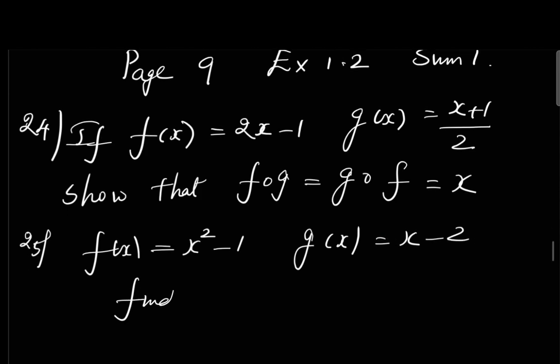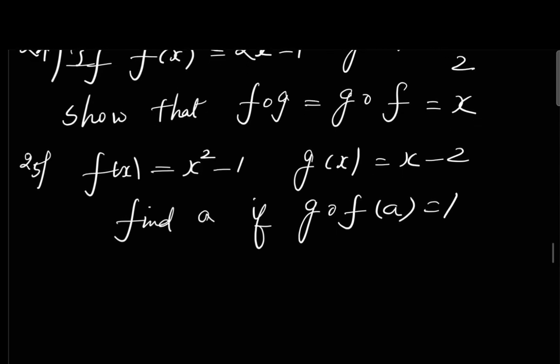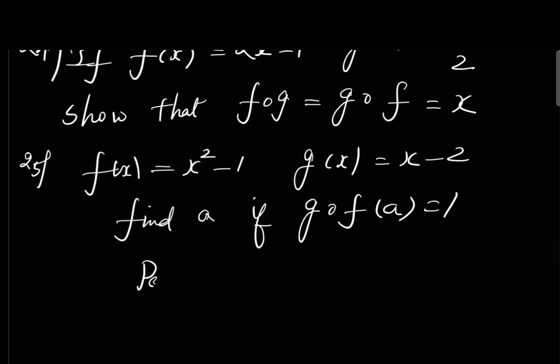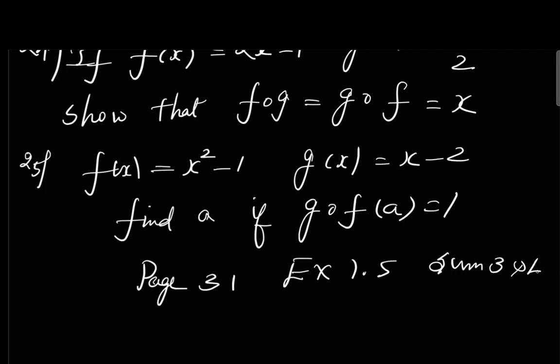Find a, if g dot f of a is equal to 1. So these two sums are very important ones. It is in page 31, exercise 1.5, sum 3 and 4.